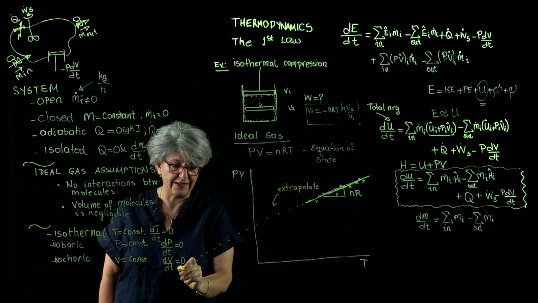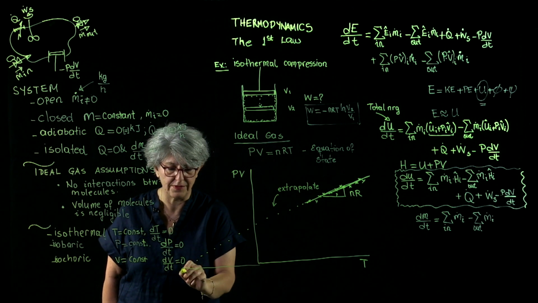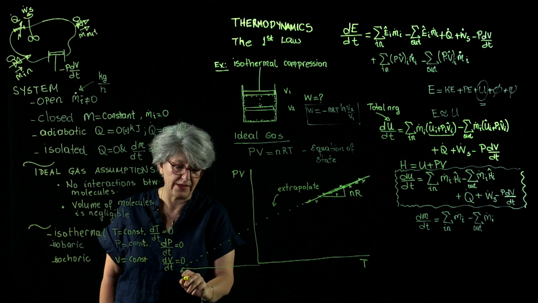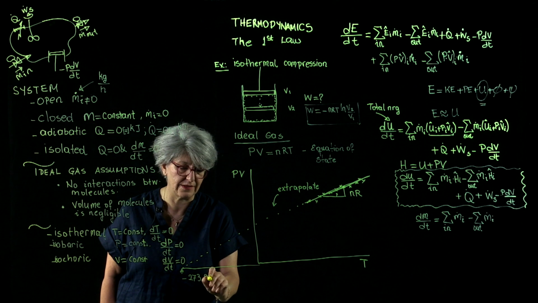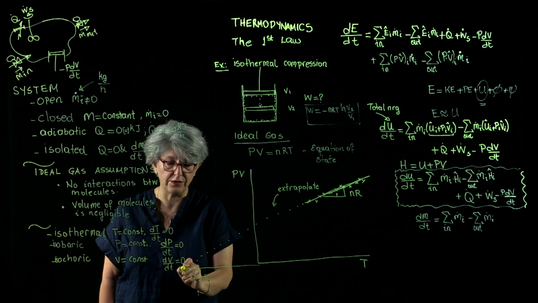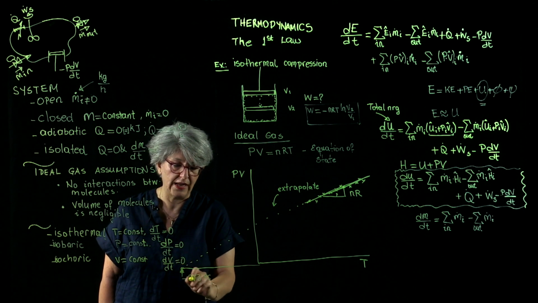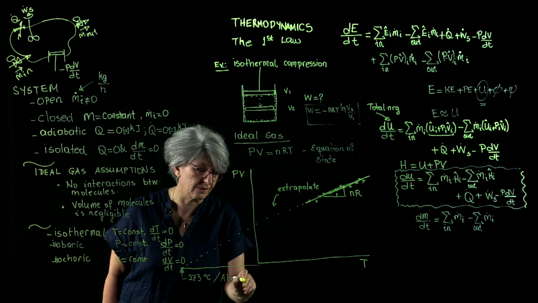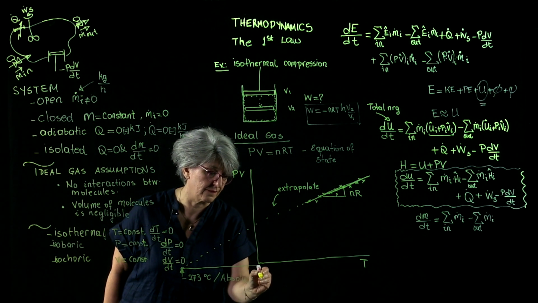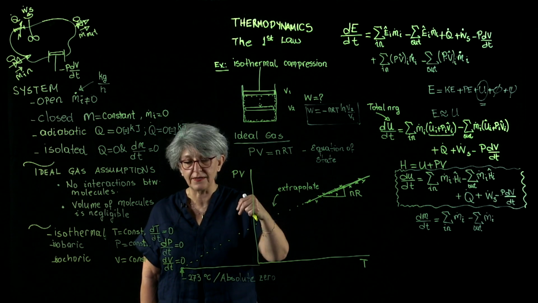When this data was extrapolated, the intercept turned out to be minus 273 degrees Celsius. So this point is the point that we call absolute zero. The opposite term of absolute is relative.